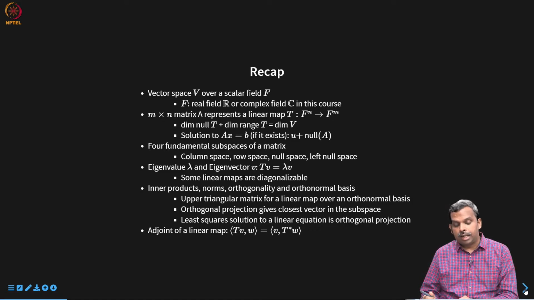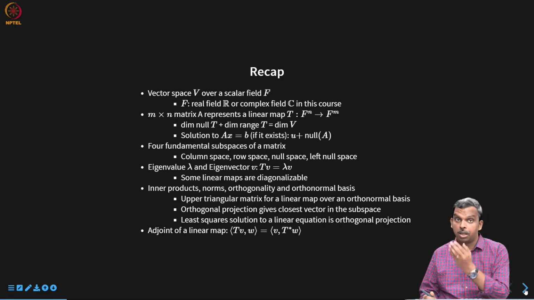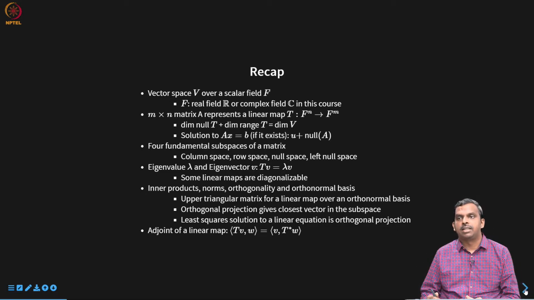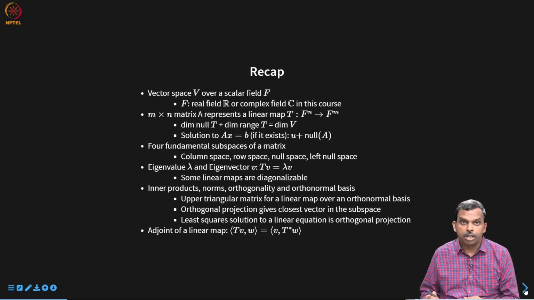If you look at the inner product of Tv and w, it turns out there's always a T star, this adjoint operator, which can take w to the original vector space V, and on that the inner product is preserved. The inner product of v with T star w is the same as the inner product of Tv with w itself. That picture with the adjoint is very interesting, and this gives a lot of nice properties for the adjoint. Okay, so let's see what those properties are.